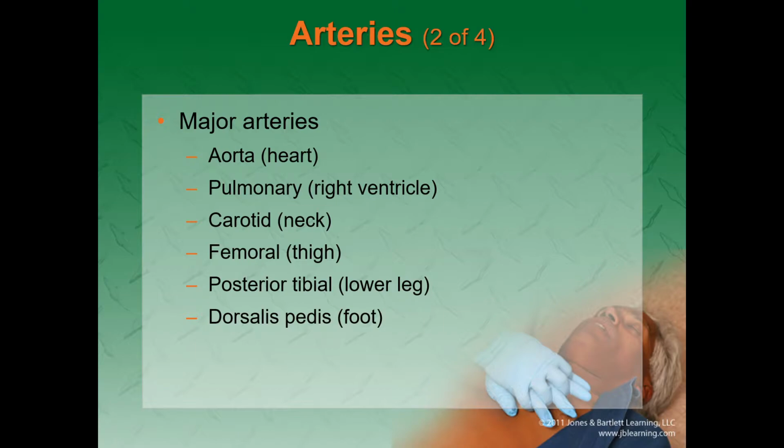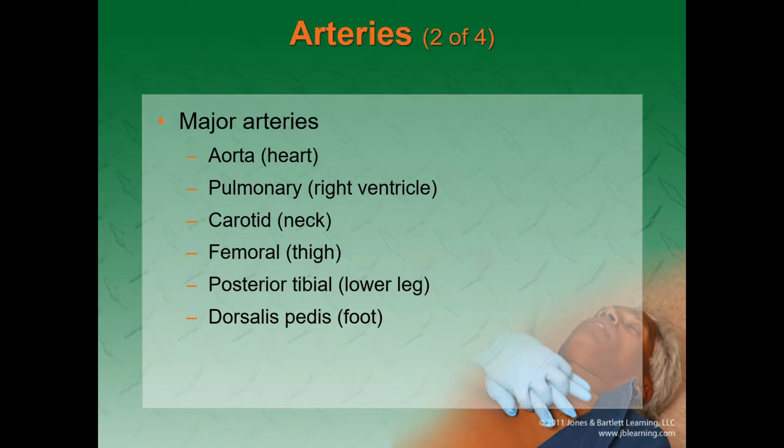Major arteries. So the aorta comes from the left side of the heart and carries freshly oxygenated blood to the rest of the body. Your pulmonary artery carries deoxygenated or oxygen-poor blood from the right ventricle out to the lungs.